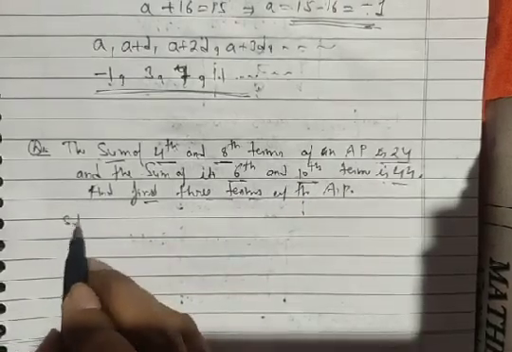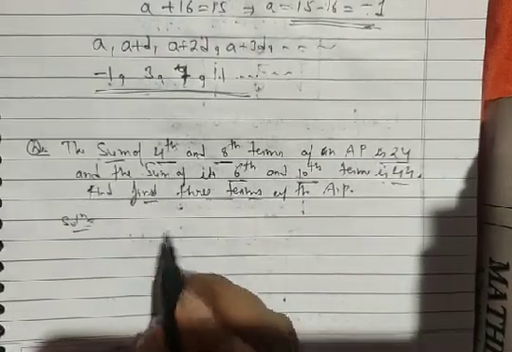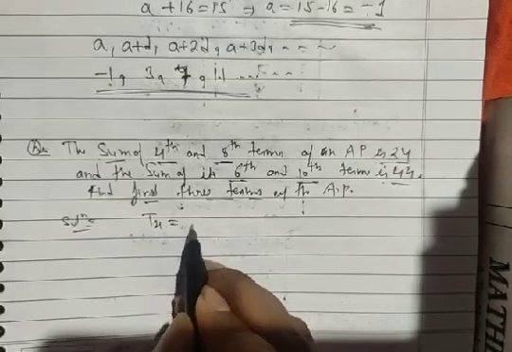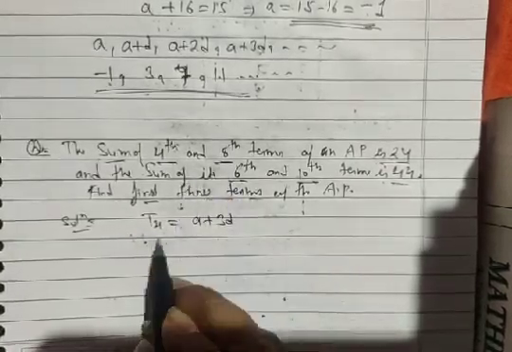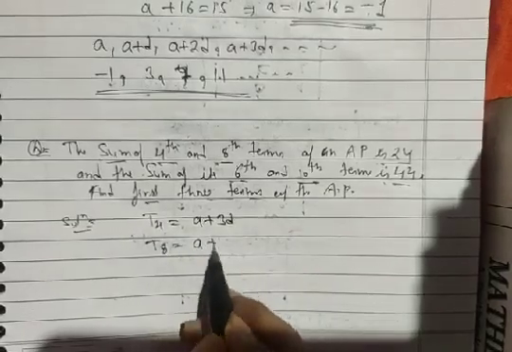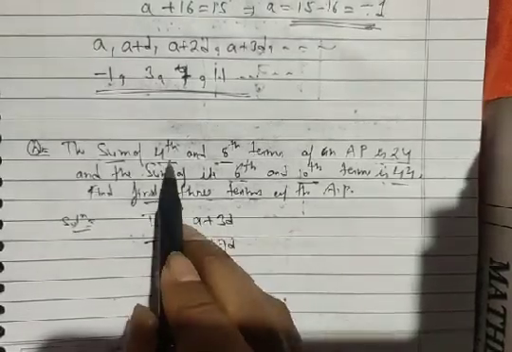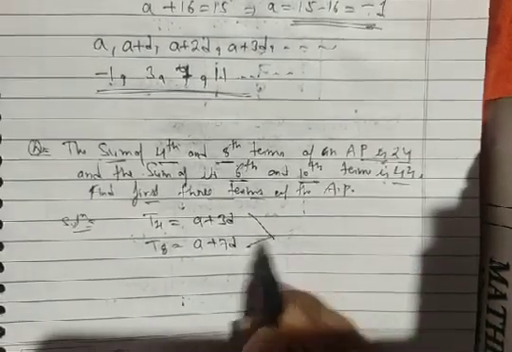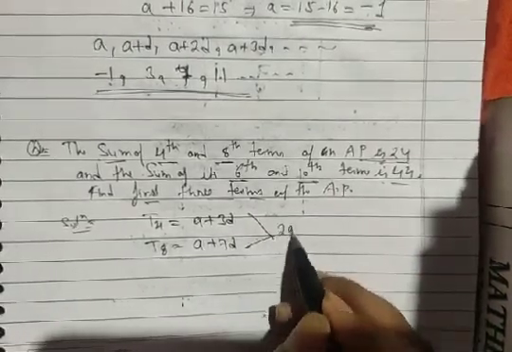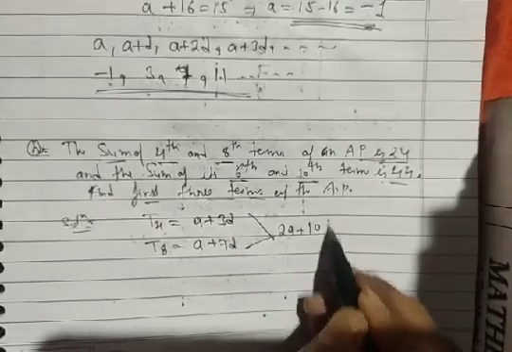First, in the solution, we find the fourth term. T4 is a plus 3d. Our eighth term T8 is a plus 7d. The sum of the fourth and eighth terms of the AP is 24. What is its sum? 2a plus 7d plus 3d, we get 10d.